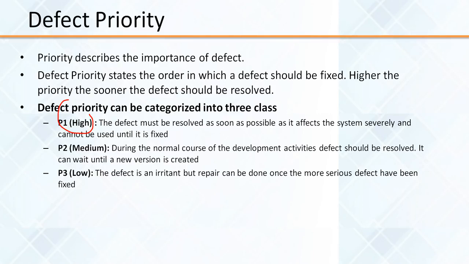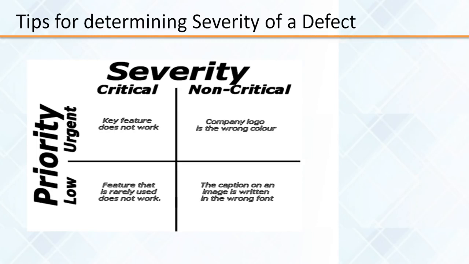Sometimes these are the categories: priority low or urgent, and severity critical and non-critical. This is a graph. If I find any defect, that defect can come under any one of these areas. Sometimes our defect can be urgent priority and a very critical situation.